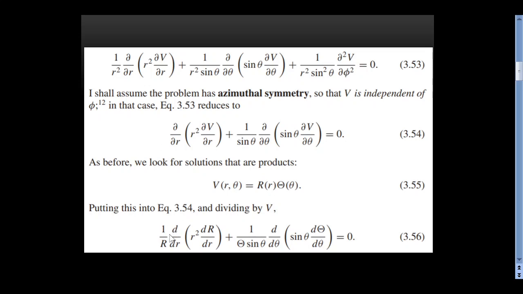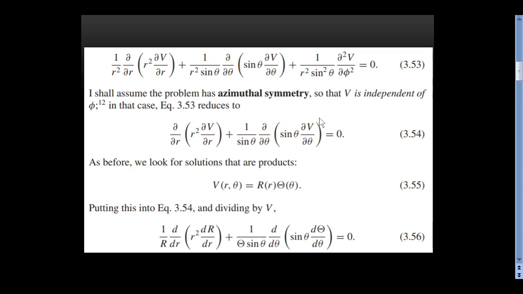Remains 1 upon capital R. Then this differentiation, which is a partial differentiation, is converted into an ordinary differentiation, because here only the capital R, which is depending upon small r, remains. That's why d/dr of r square dR/dr. That is the way the first term is going to be obtained.